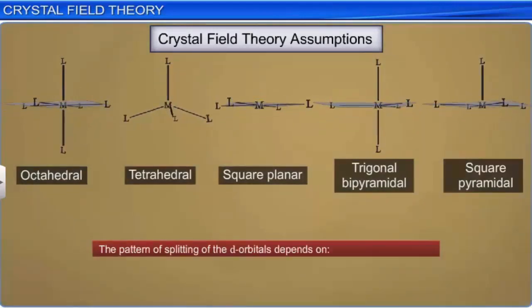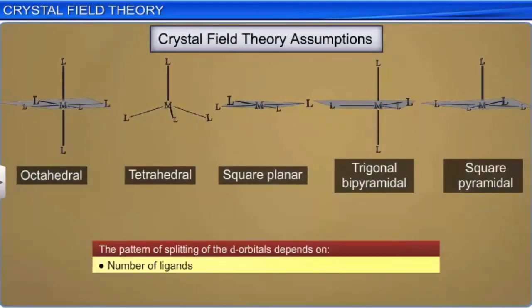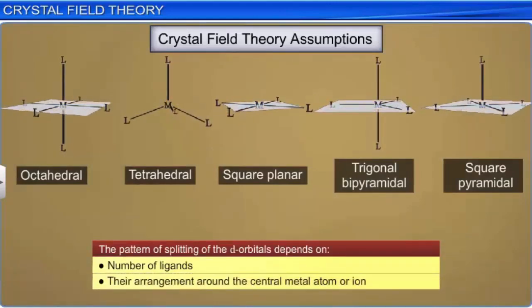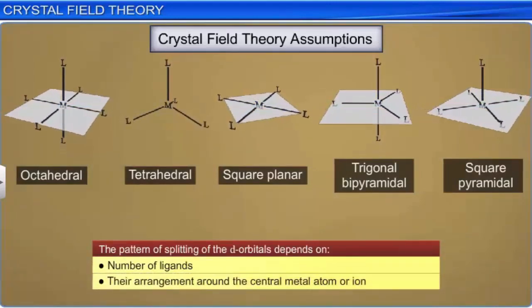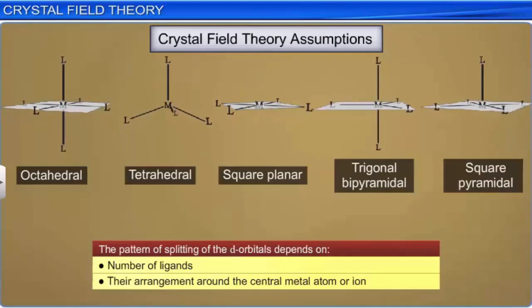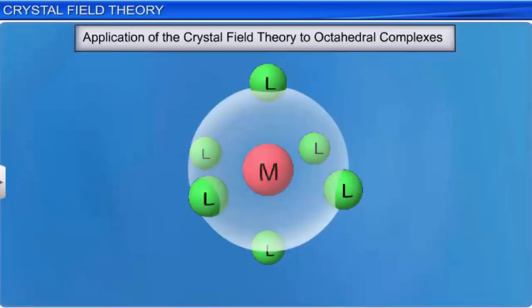If the complex has coordination number 5, they are trigonal bipyramidal or square pyramidal. Now the pattern of splitting of d orbitals depends upon the number of ligands and their arrangement around the central metal atom or ion.